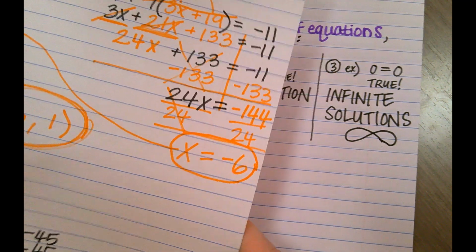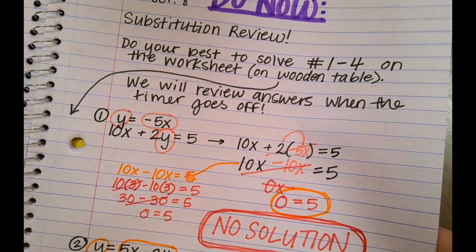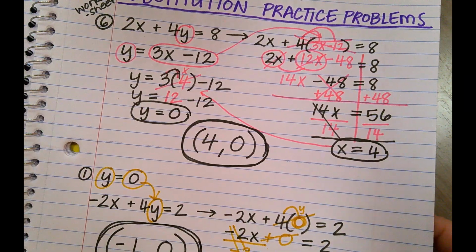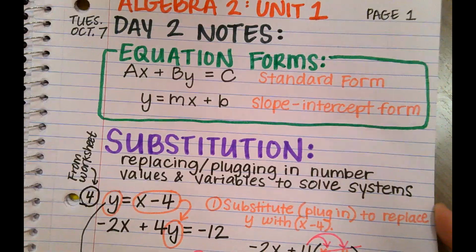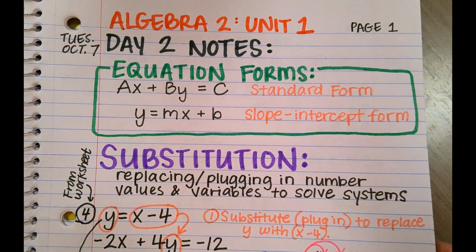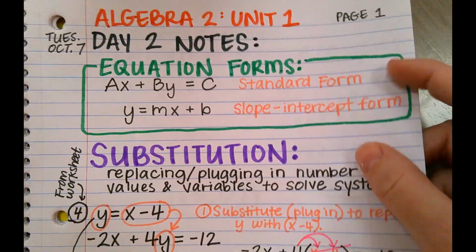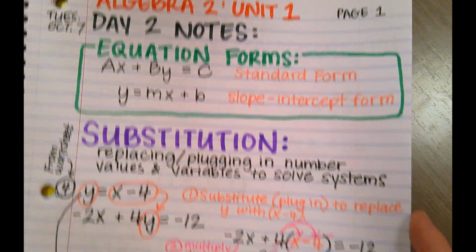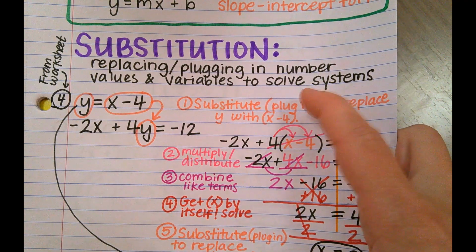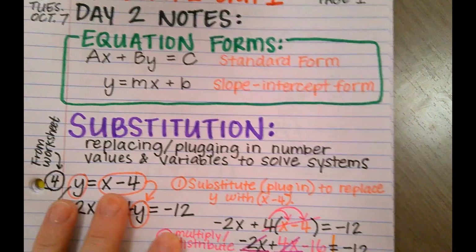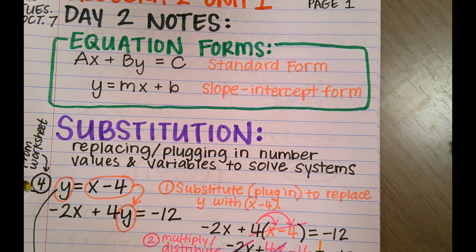So we focused on substitution, and what I'm going to do right now is flip back in my notes to page 2 for day 2 notes, the first page of that. And this is where we kind of wrote down the equation forms, and we wrote down all the steps for substitution. So I'm going to add a sticky note here that I'll carry over to my next page.